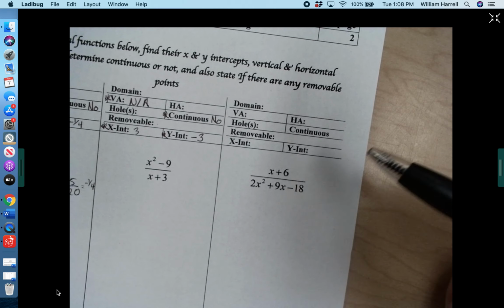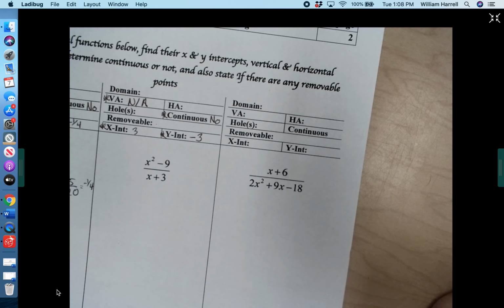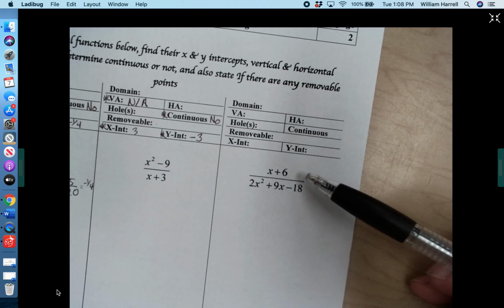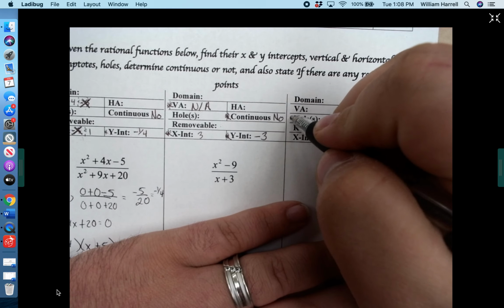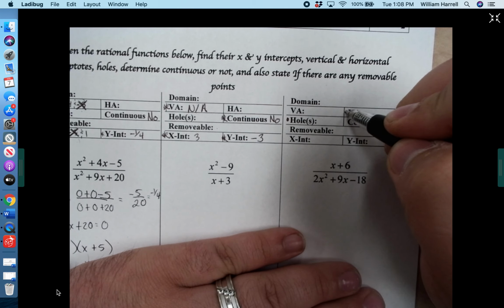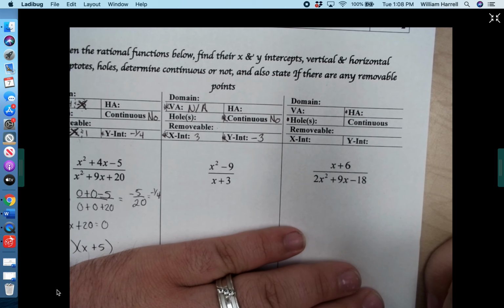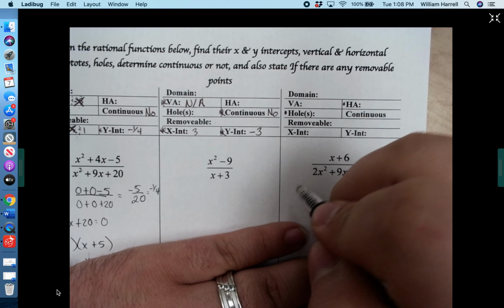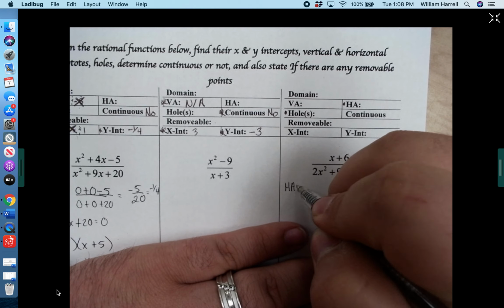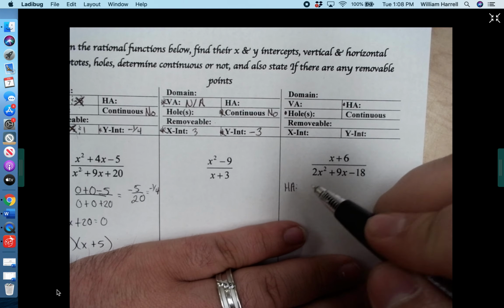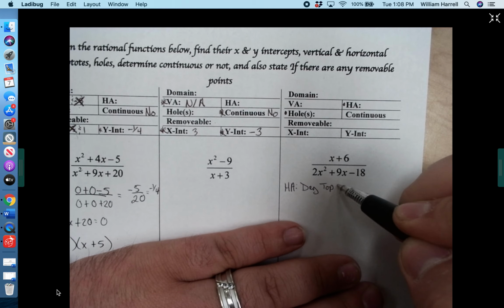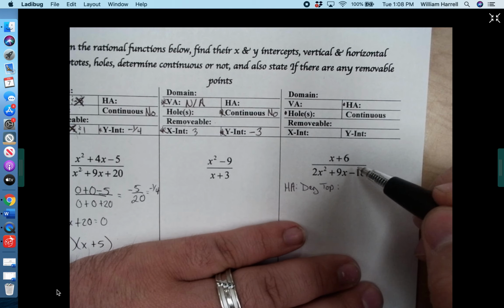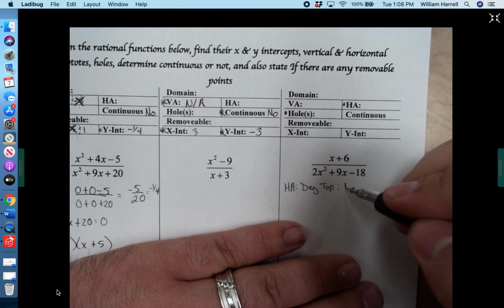Like I said, we'll do this last one over here to start with, since it's clean and we don't have any other stuff. Again, what we're focusing on today, are there any holes, horizontal asymptotes? When I want to find horizontal asymptotes, I need the degree of top. If I look at the degree of my top by itself, it will just be 1.